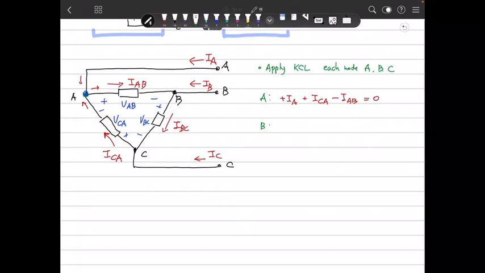Now B and C. In the case of B, IB plus I_AB minus I_BC is 0. In C, IC plus I_BC minus I_CA is 0.